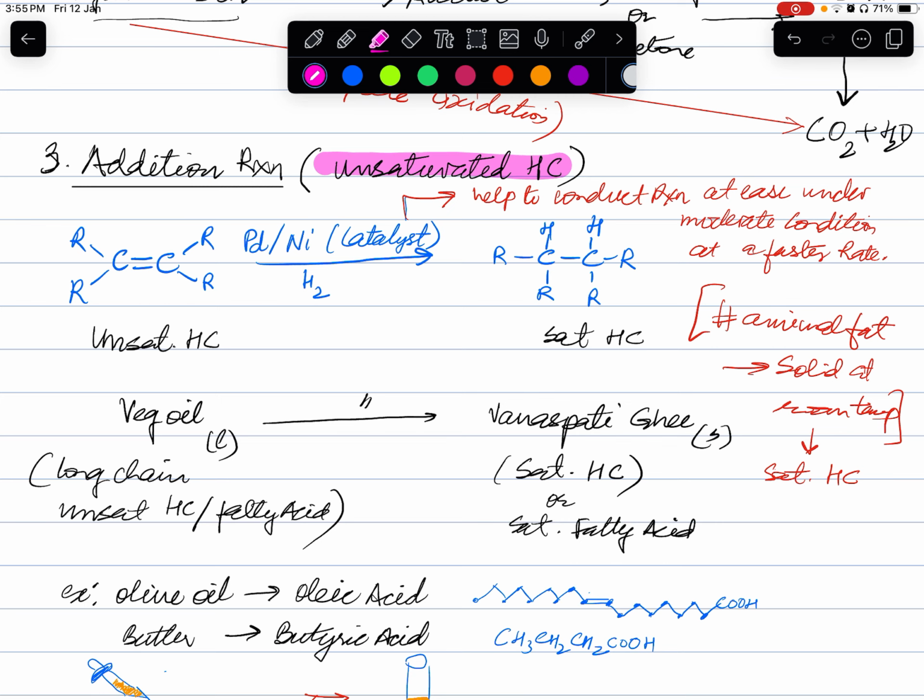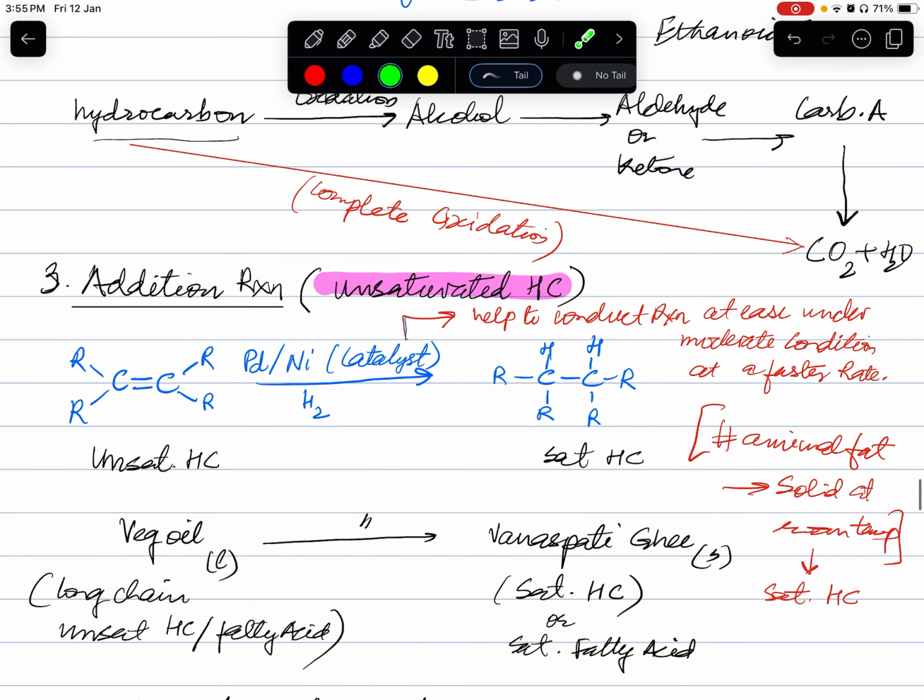The reason is, if for example we take any saturated hydrocarbon, like methane, this is methane, 4 bonds with 4 hydrogen atoms. Methane does not have any scope to add something else, because in methane the carbon is bonded with 4 covalent bonds to satisfy the tetravalency.